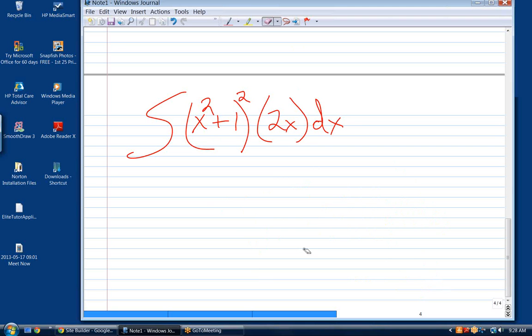Let's see here. How about... the key to determining where you use substitution and where you use parts is frequently that parts is used when you have a combination of a polynomial and a transcendental function.